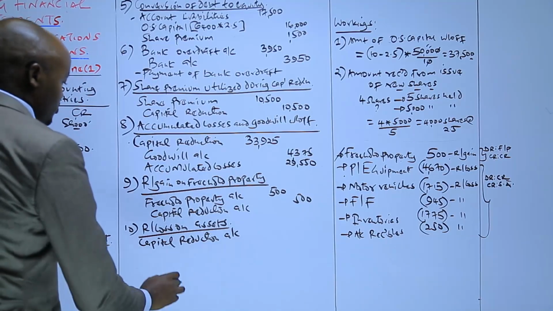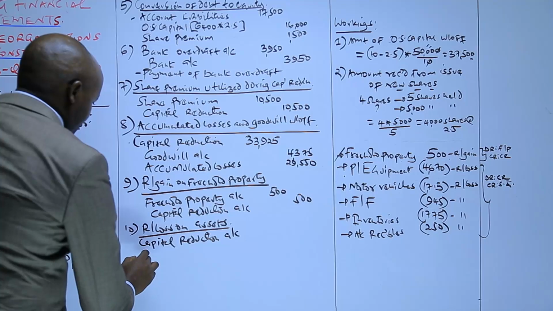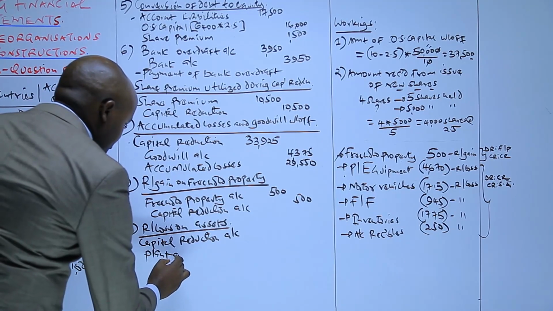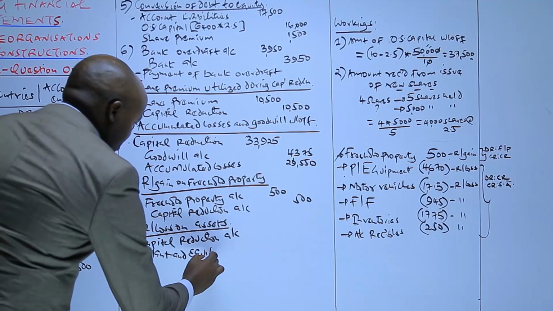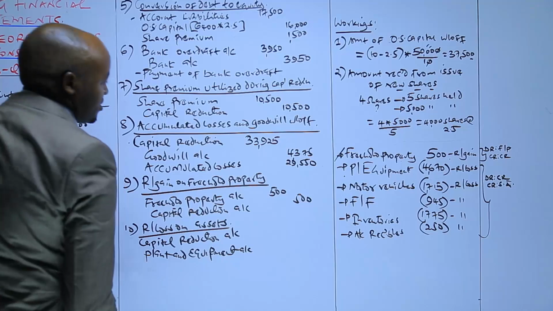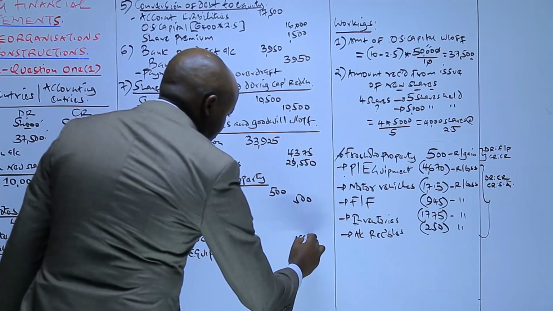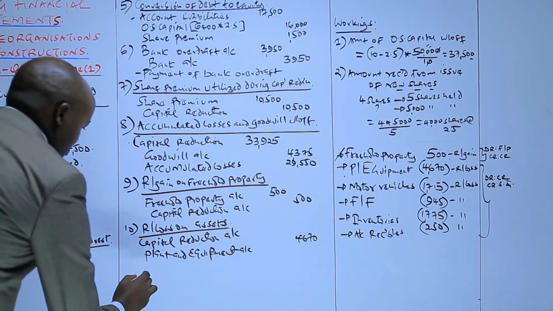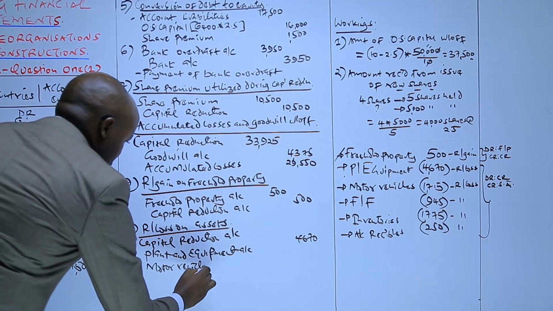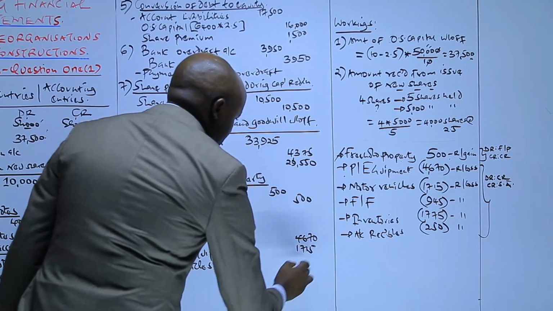We are going to get that total amount to be credited in the other accounts, and then we credit the first account, which is the plant and equipment account with an amount of 4670. We have motor vehicles with a figure of 1715.